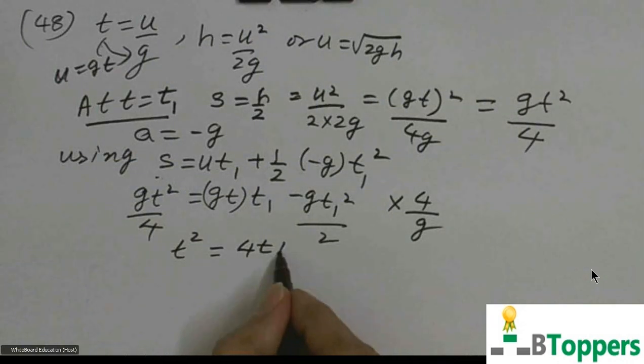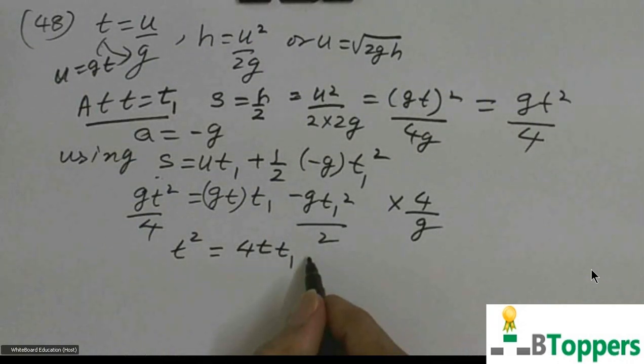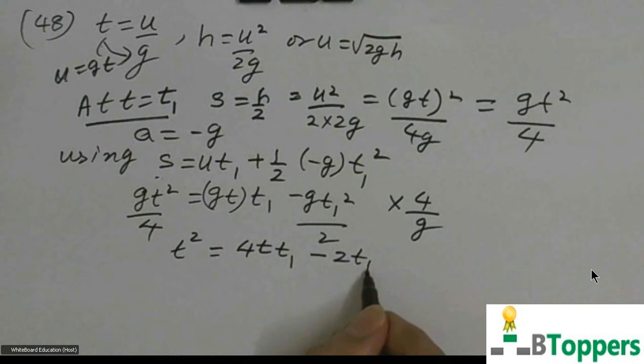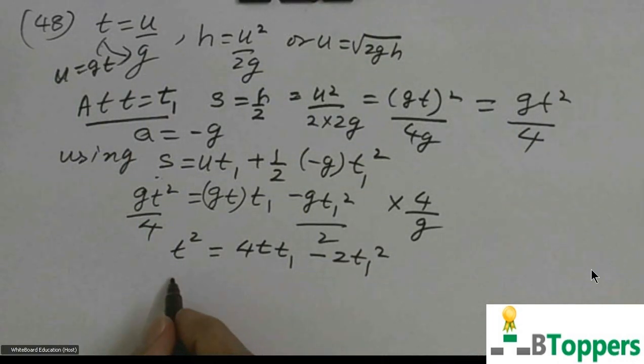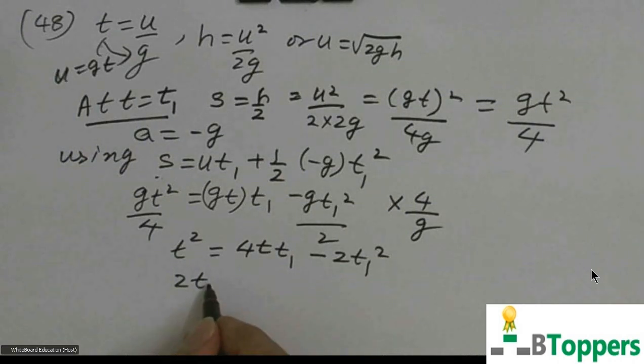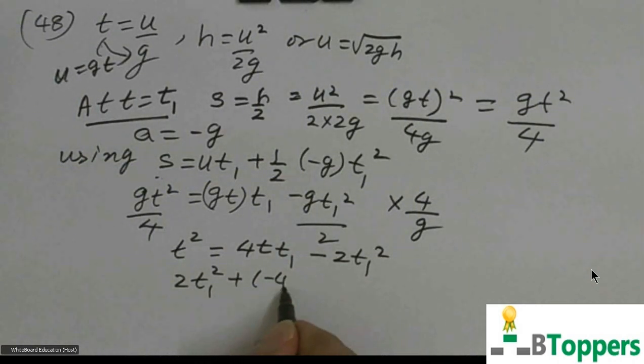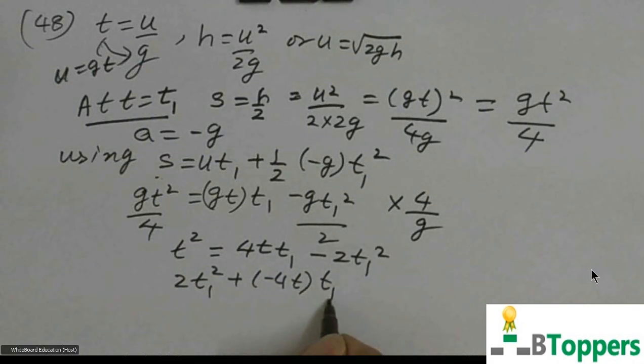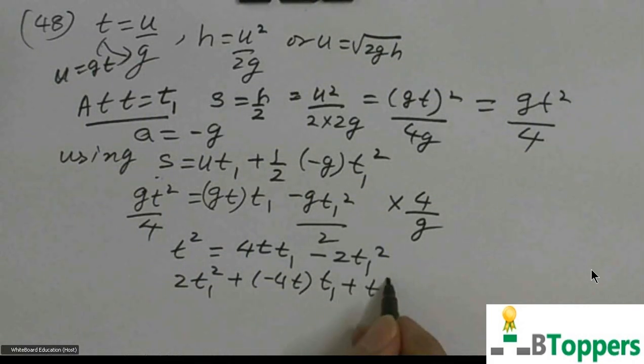4t t1 minus 2t1 square. But we need to find t1 in terms of t here. So 2t1 square minus 4t into t1 plus t square equal to 0. So this is a quadratic equation in time t1.